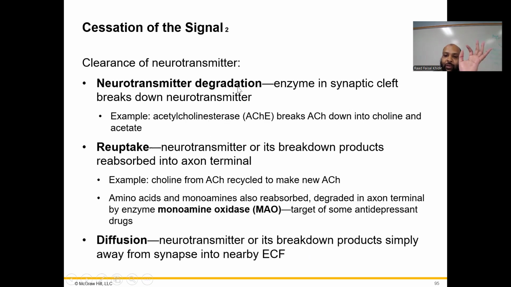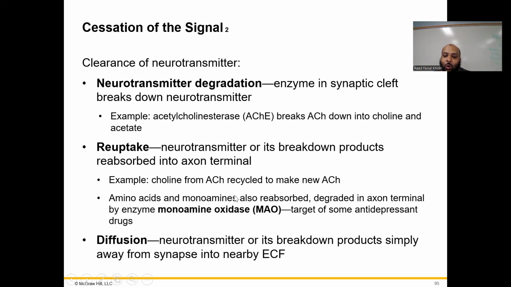Through degradation, the enzymes in the synaptic cleft break down the neurotransmitter, and acetylcholinesterase breaks down acetylcholine into choline and acetate. There's also reuptake, where the neurotransmitter or its breakdown products are reabsorbed into the axon terminal.